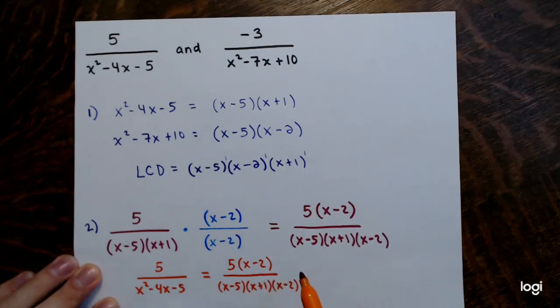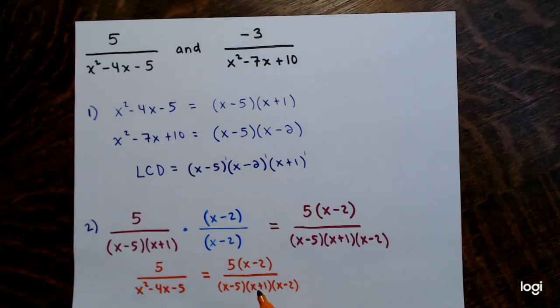And again, if you want to, you can multiply all this out. 5 times x is 5x, 5 times negative 2 is negative 10. So you could write the numerator as 5x minus 10. That's fine. You can multiply the denominator out too. I mean, this is all well and good though. All right, I'm going to leave it like this for now.